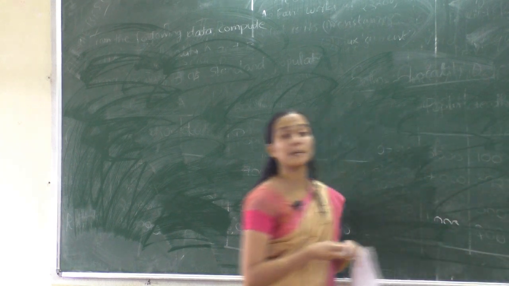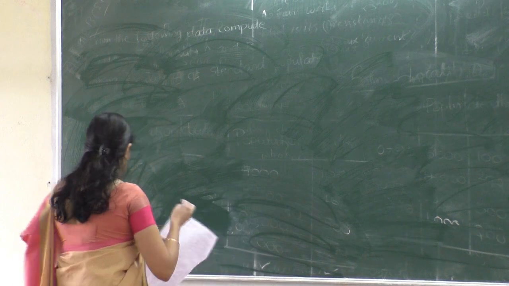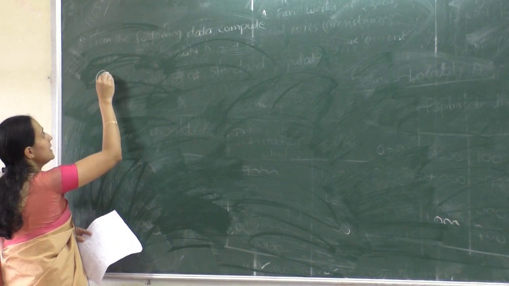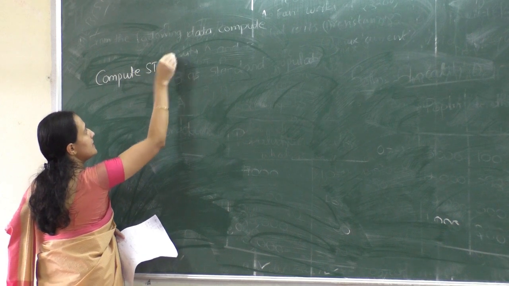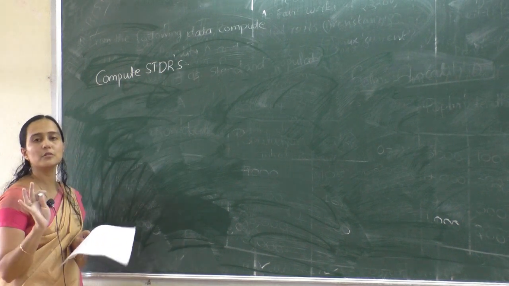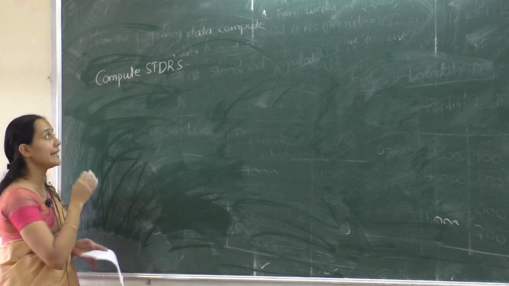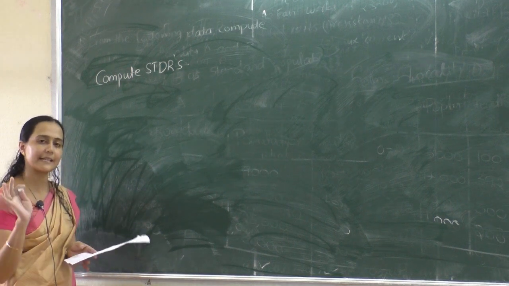Then the third type of problems: compute STDRs. Here there is no need to compute the age specific death rate again, as it is directly given.